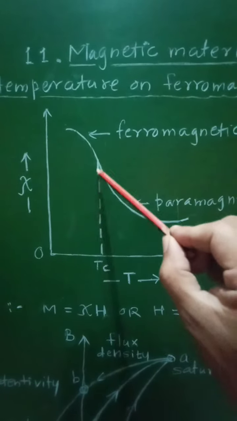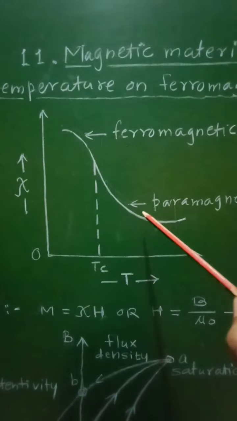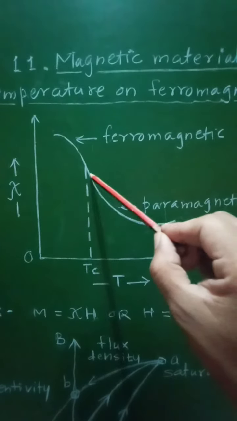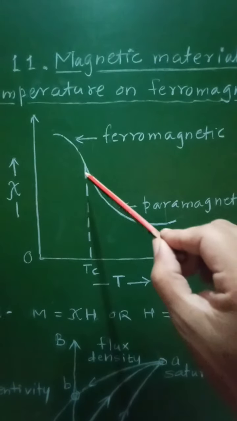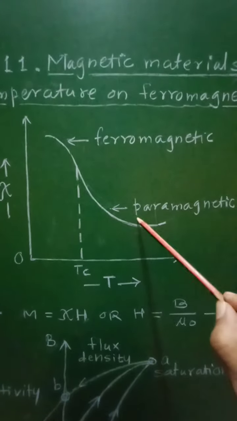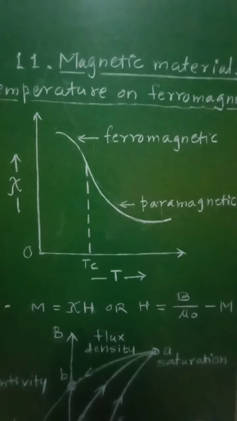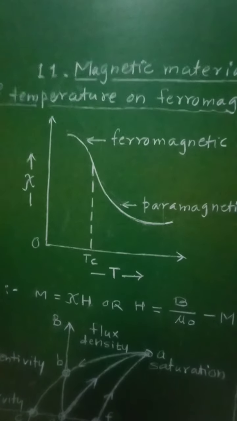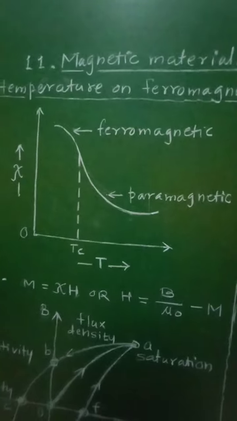Now, when T is equal to Tc, this ferromagnetic material will start converting into paramagnetic material, and therefore beyond this temperature Tc, this portion of the graph will represent the paramagnetic material. So, this will be regarding the effect of temperature on the ferromagnetic materials.